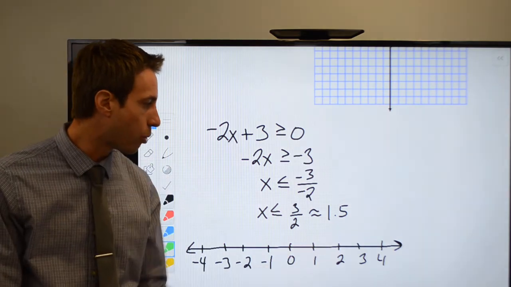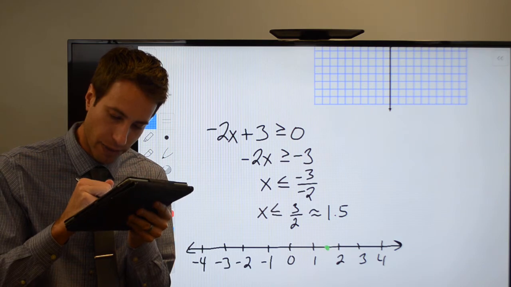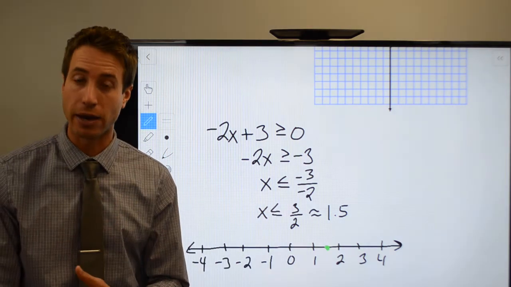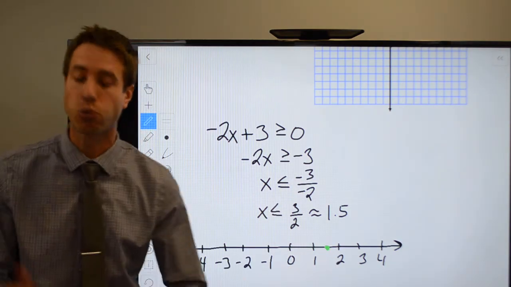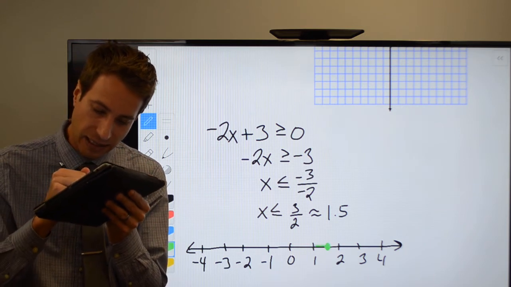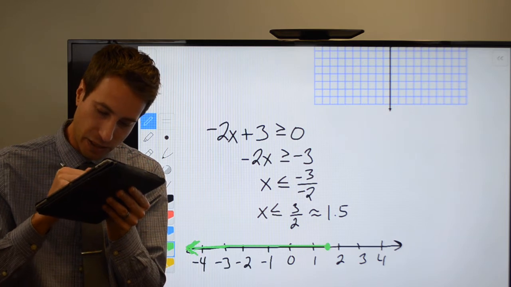Well, where is 1.5? Well, 1.5 is right there between 1 and 2. And what this tells me is that it's all values less than or equal to 1.5, so it's 1.5 and everything less than 1.5. It's everybody going in this direction.